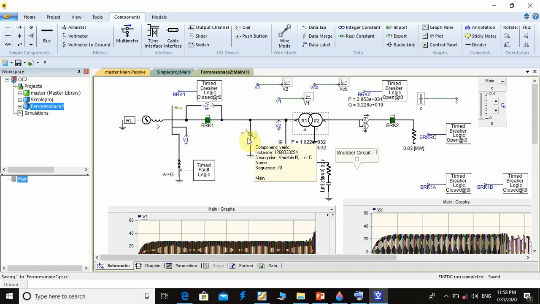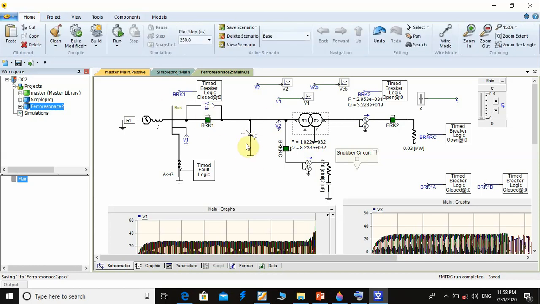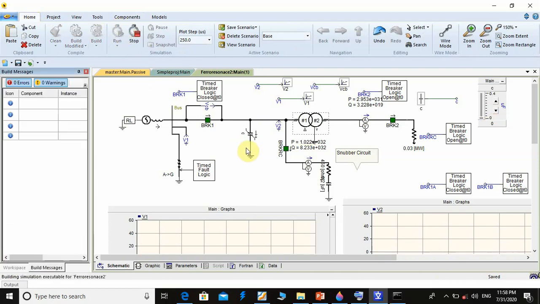According to the manufacturer, the stray capacitance of these cables is about 0.2 microfarad per kilometer. At the beginning I will start the simulation without any stray capacitance, 0. We run the simulation.